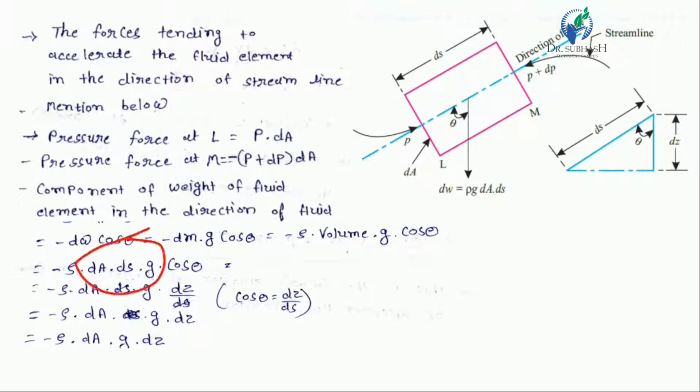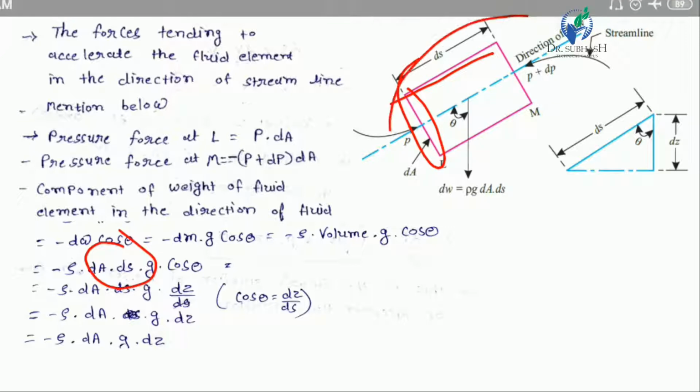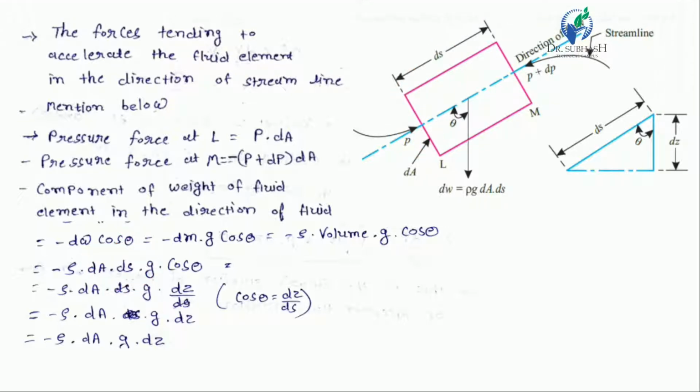dA ds is the volume. Volume is the cross-section area into length, so the volume of a fluid element is dA ds. So dA ds g cos theta. Now put the value of cos theta from the fluid element figure.